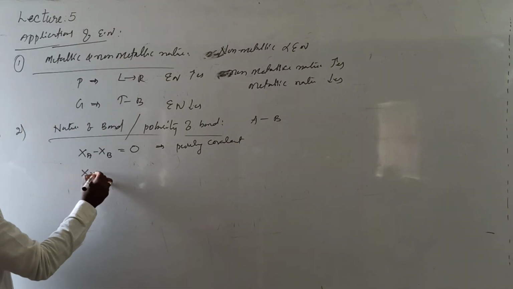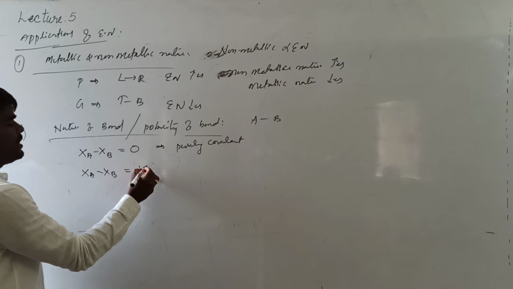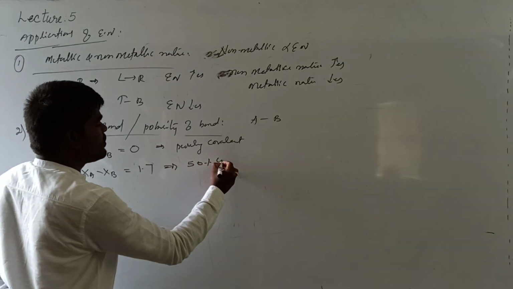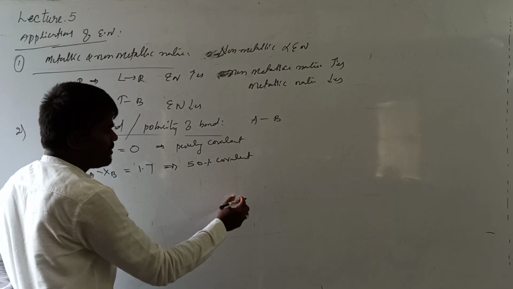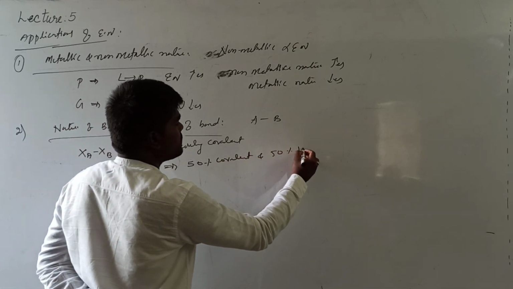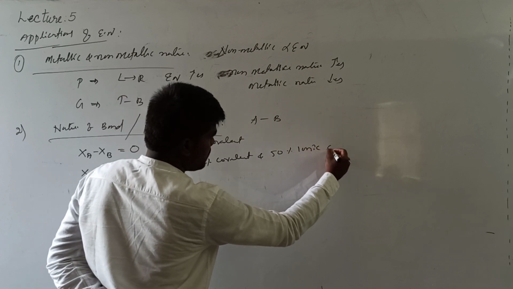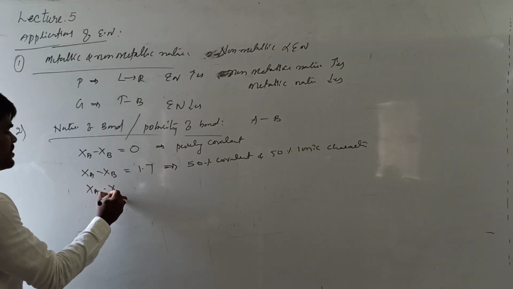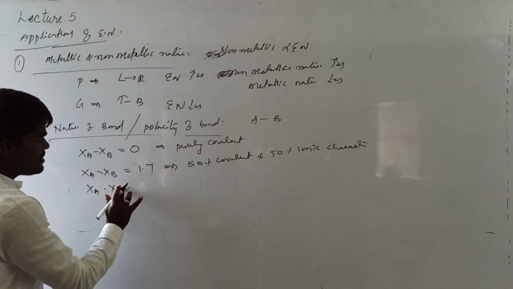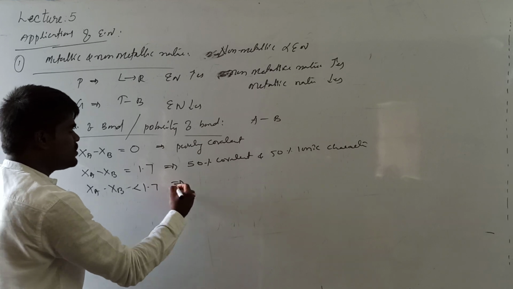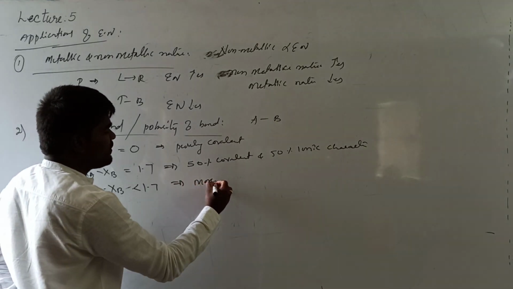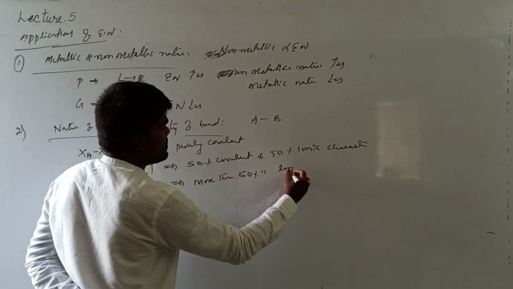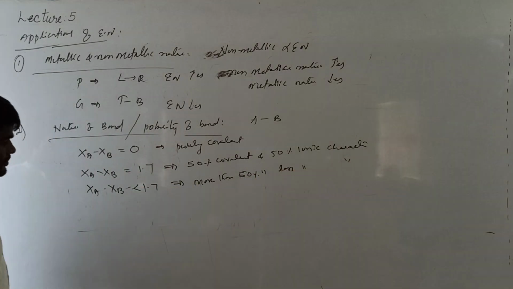If the electronegativity difference of A and B is equal to 1.6, this bond will have 50% covalent character and 50% ionic character. This is an important application of electronegativity. If the electronegativity difference is less than 1.6, more than 50% will be covalent character and less than 50% will be ionic character.